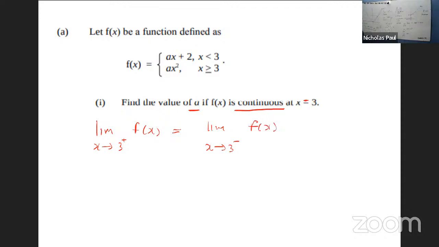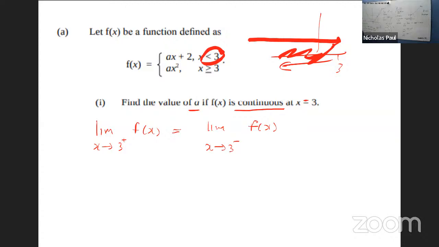Notice there's no graph here. So how do you know which of the two functions to use when you're approaching from the left, and which to use when you're approaching from the right? Very good. When it's less than 3, let's pretend, it's all the values here. So when you're approaching from the left, you always use the less than function.